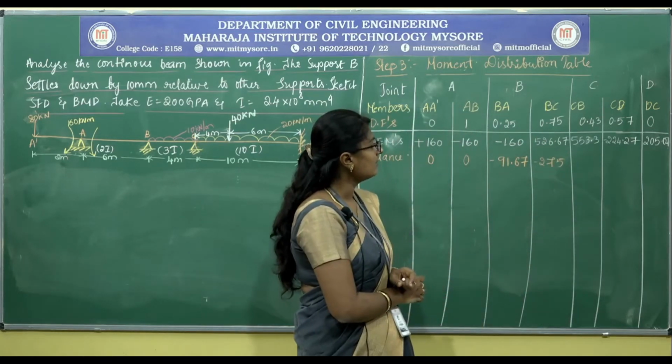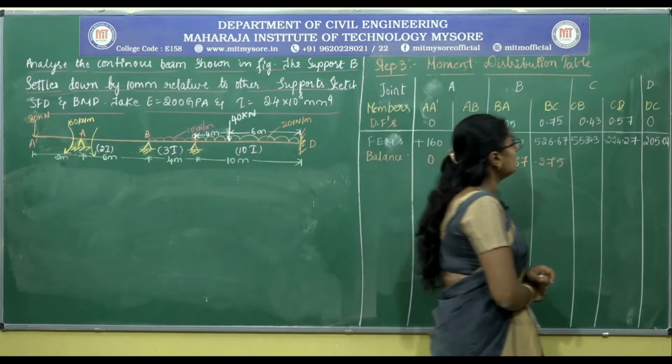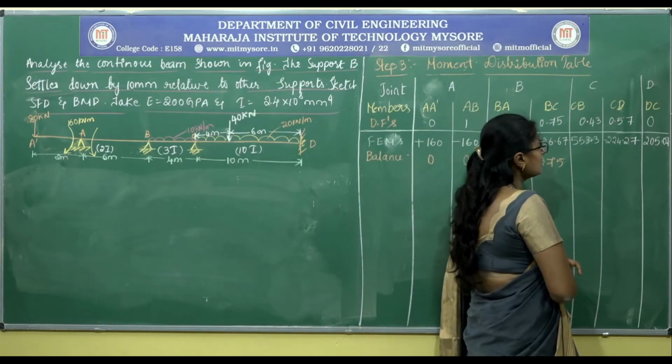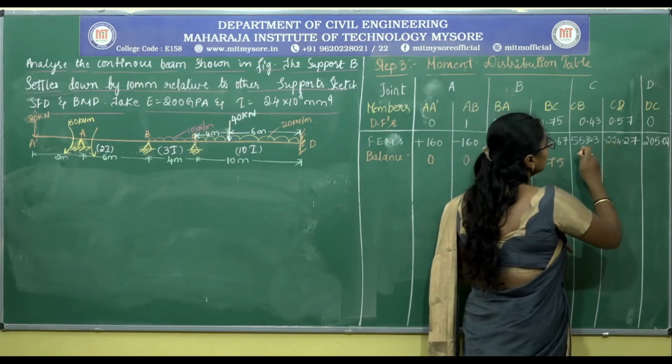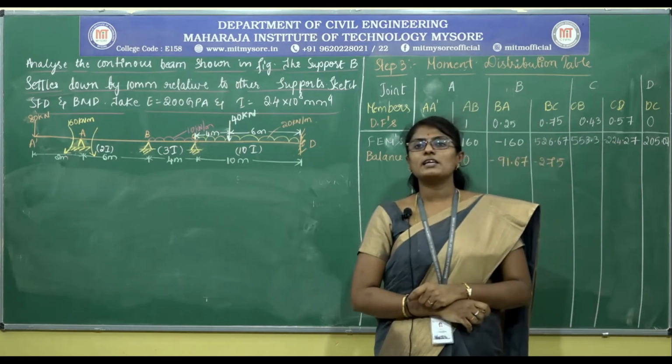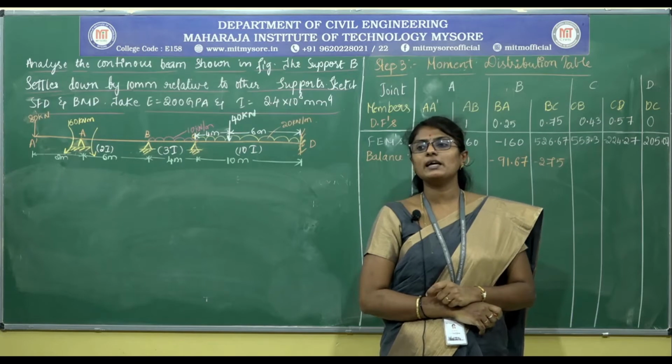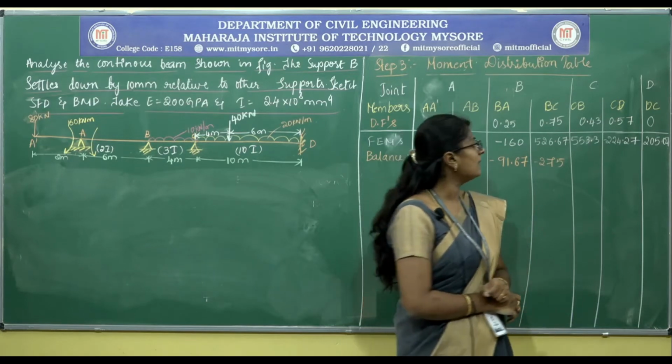For joint C, 553.3 minus 224.27. So when you consider these two, 329.06. So plus 329.06 is the unbalanced moment.